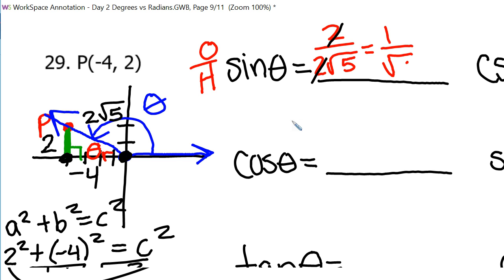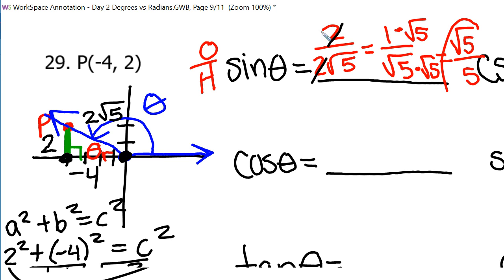So before we rationalize, let's go ahead and find the cosecant. If the sine right now is 1 over square root of 5, what would the cosecant be? Square root of 5 over 1, which is the square root of 5. Now let's finish rationalizing this. So we need to multiply both the numerator and denominator by square root of 5. So that answer would be square root of 5 over 5 for the sine.